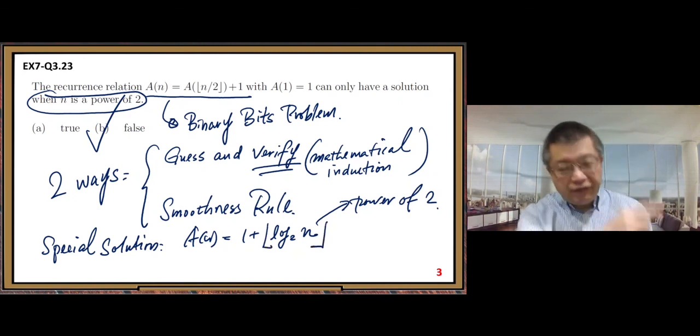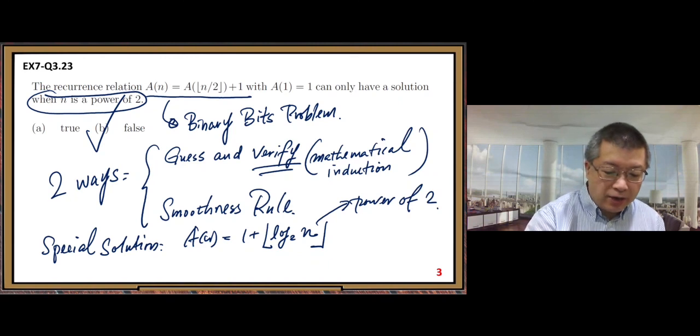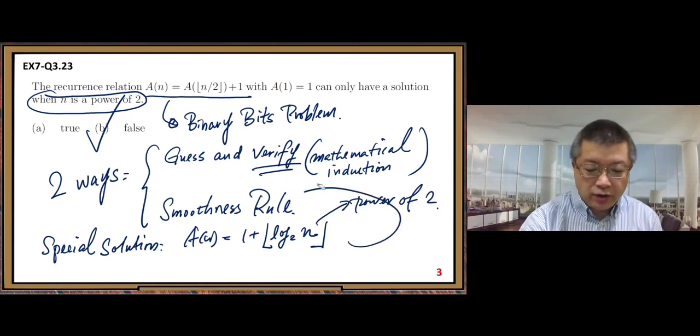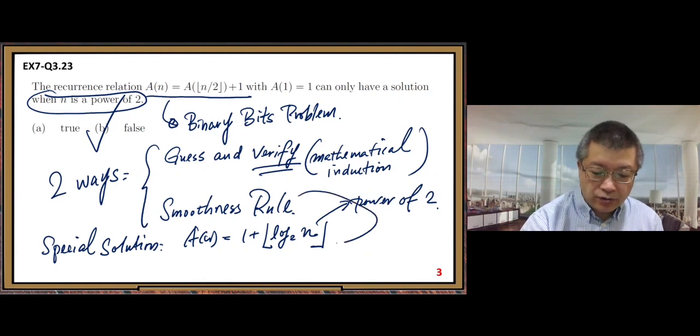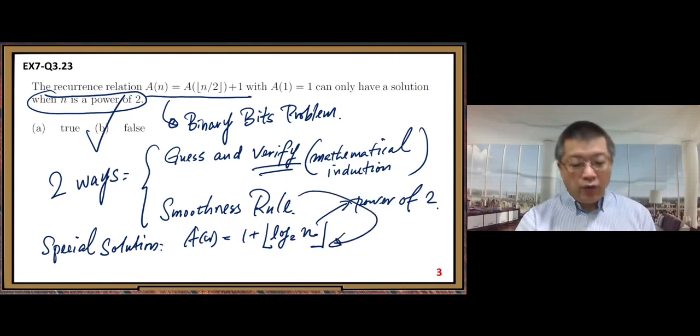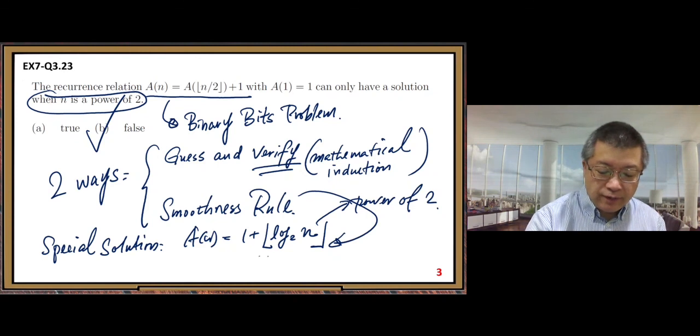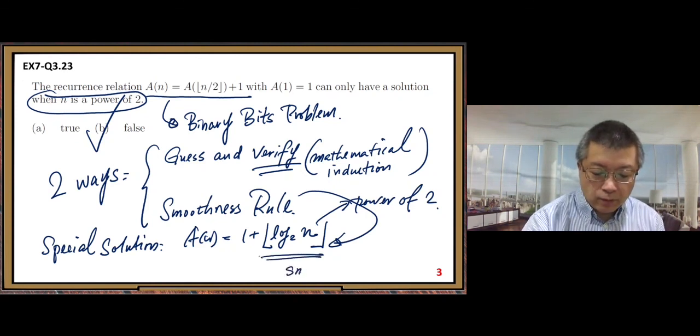After that, in order to apply the smoothness rule, how do we apply the smoothness rule here? Here, we need to show this function is a smooth function.